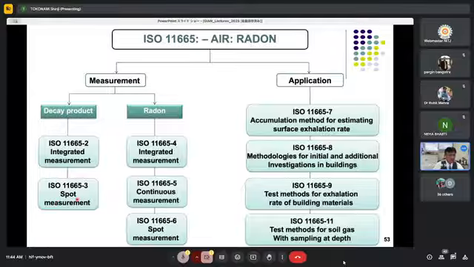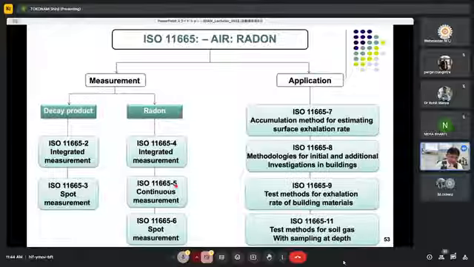In other words, this is grab sampling, small intermittent measurement. In the case of radon, Part 4 gives an integrated measurement. Part 5, continuous measurement. Part 6, spot measurement.